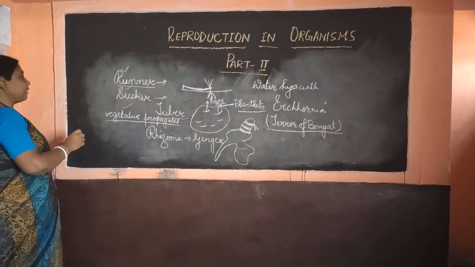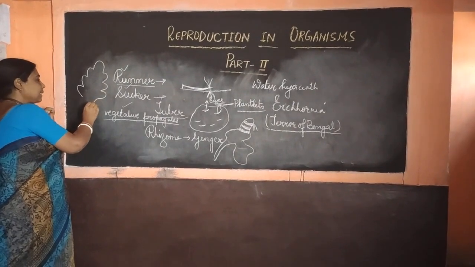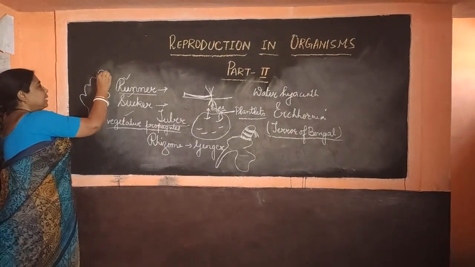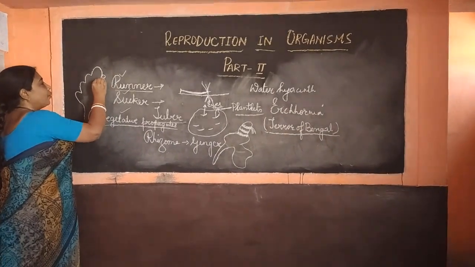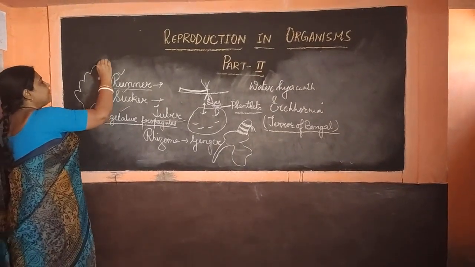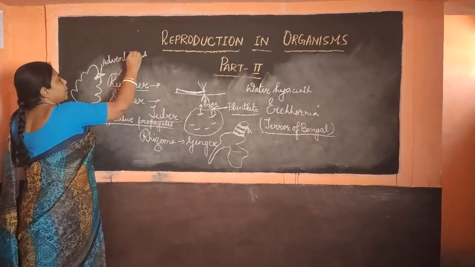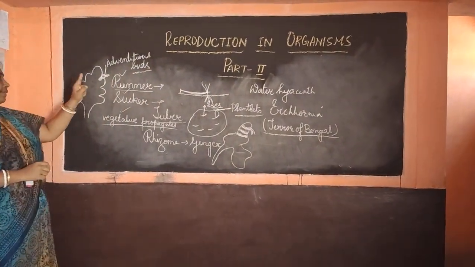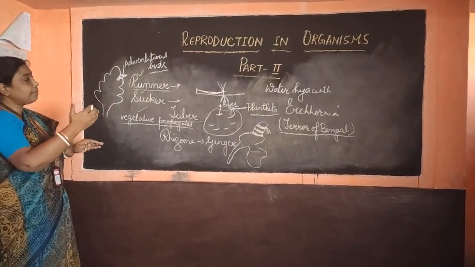You all must have heard about Bryophyllum. In Bryophyllum, the leaves have certain notches, and from these notches certain adventitious buds come out. These adventitious buds are utilized by farmers for propagation or development of many offspring.